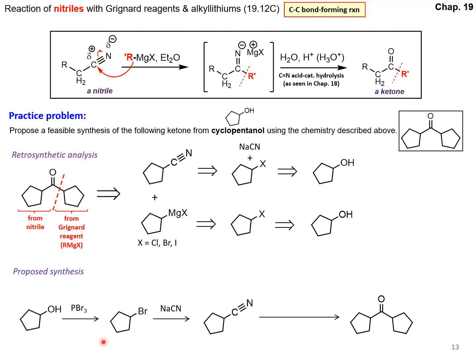And in order to convert the nitrile to the target, I would need the cyclopentyl magnesium bromide Grignard reagent, and the Grignard reagent would come from the alkyl halide. So you would take some of the alkyl halide, convert it to the Grignard reagent, some of the alkyl halide, and convert it to the nitrile. And then you'd treat these two with each other, and you end up with your synthetic target.